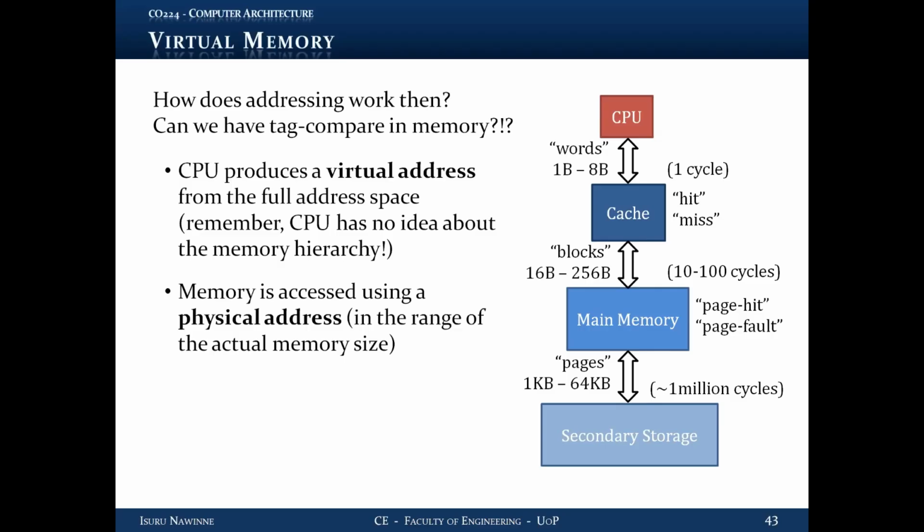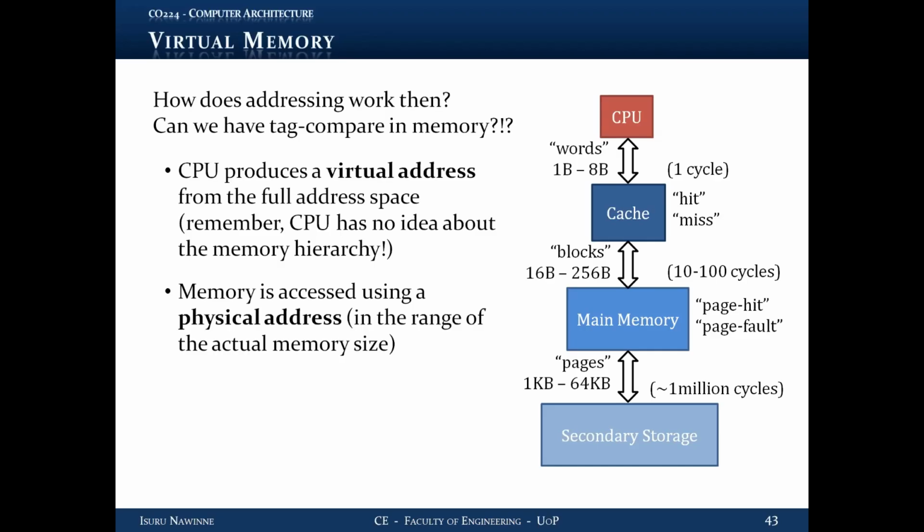That is what we learned previously when we talked about caching. Now, how can we have this done? Do we need to perform tag comparison? No, that is not going to be very efficient for a memory that big, to perform tag comparisons. So that is why, what we talked about in set associative caches as well, right?